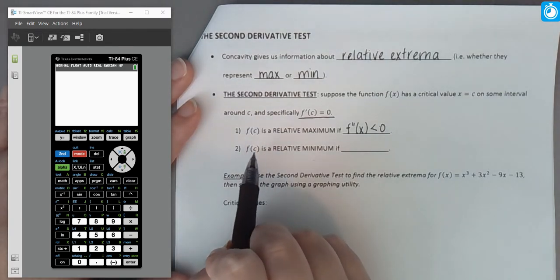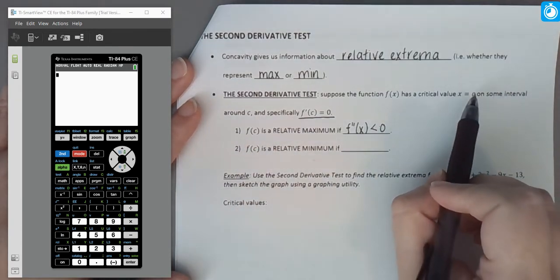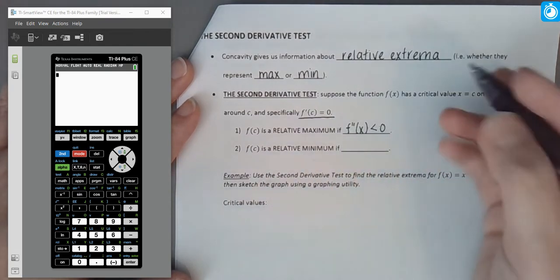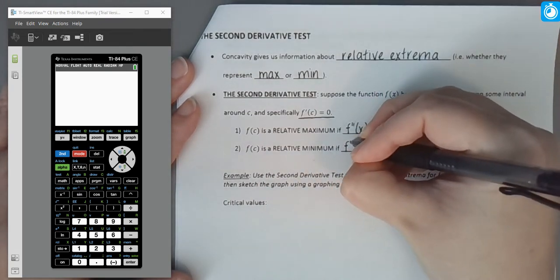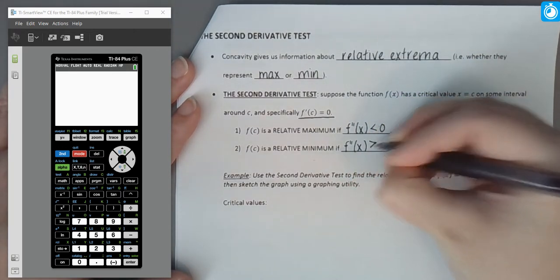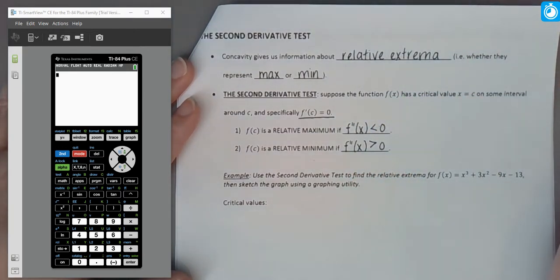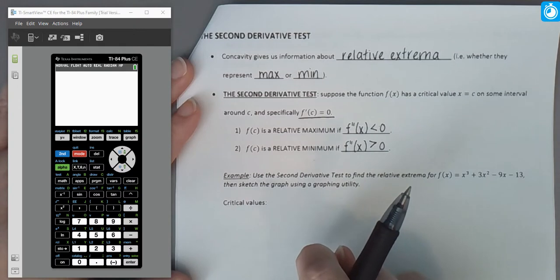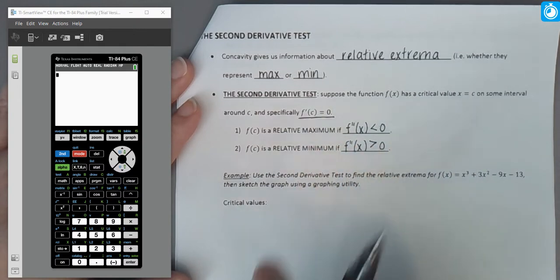The function value associated with that critical value represents a relative minimum if, again, counterintuitively, the value of the second derivative is positive at that location. Well, normally we would think negative would make something small, it would minimize something, and positive would make something large, it would maximize something. Why is that not the case here?